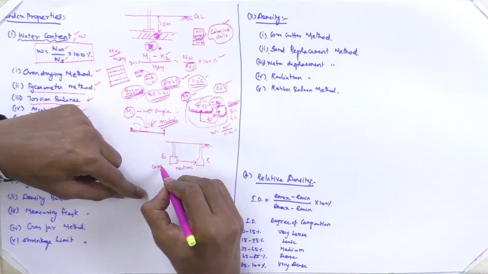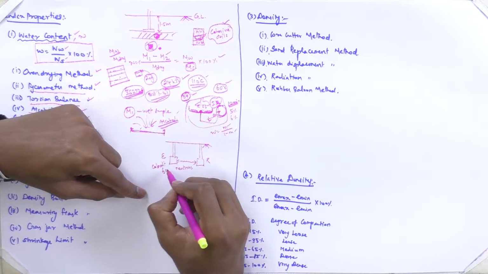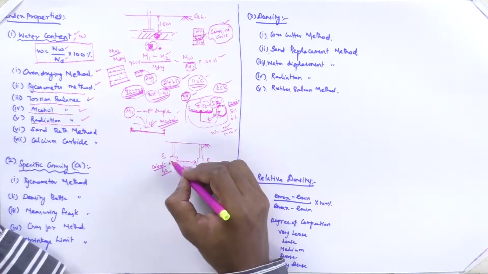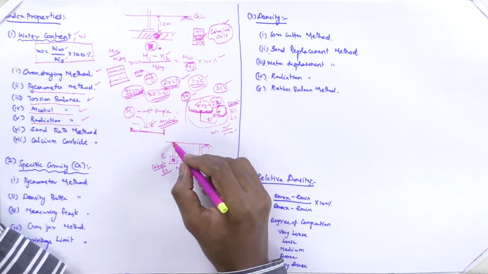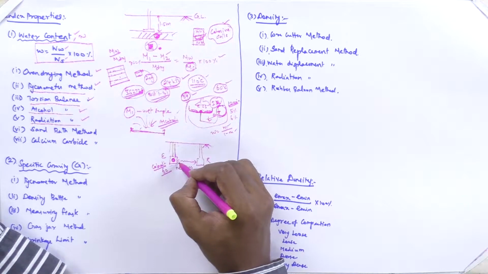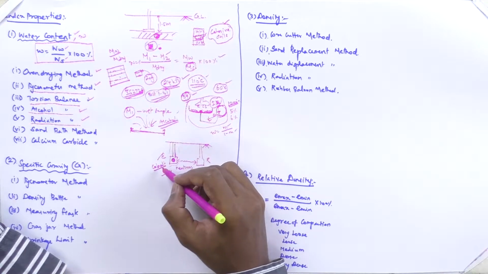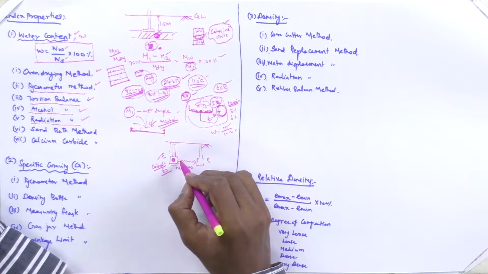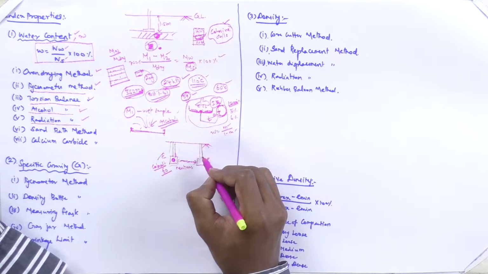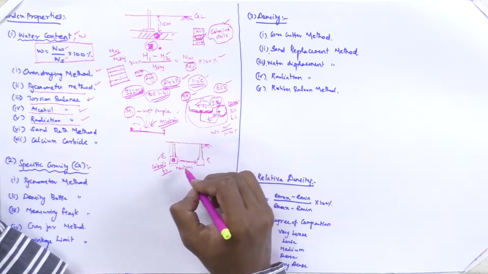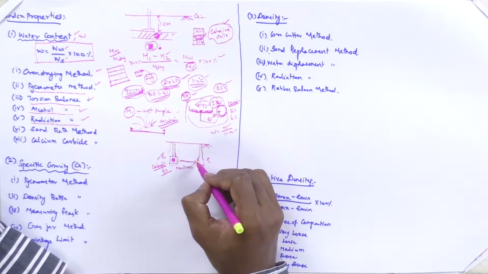So a cobalt 60 capsule is placed in this hole, so there is a borehole setup. In this hole you are fixing the cobalt 60 capsule, and this will be emitting neutron rays, and there is a receiver at a short distance.